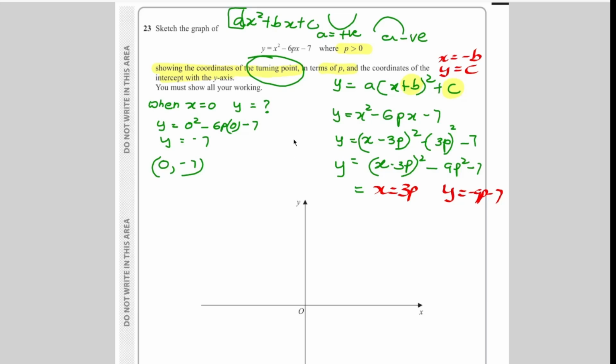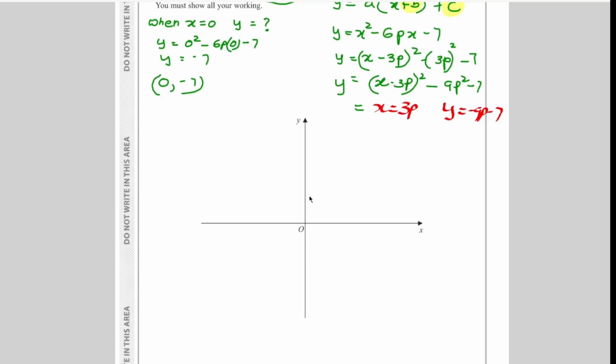So let's draw it. Now I'm going to draw the curve. I know that it is a happy face. Then let's label. We've been asked to label the coordinates.